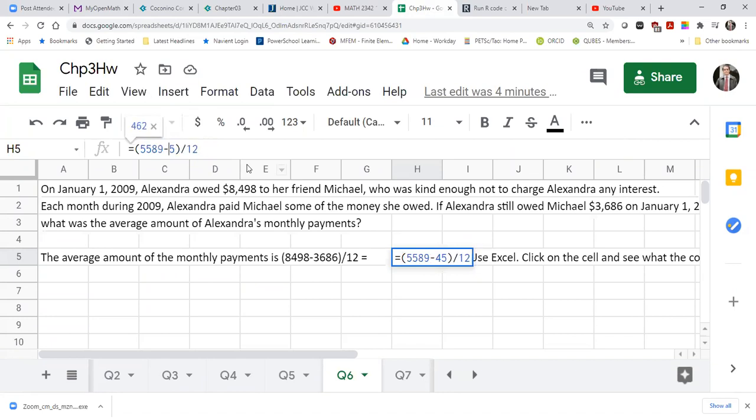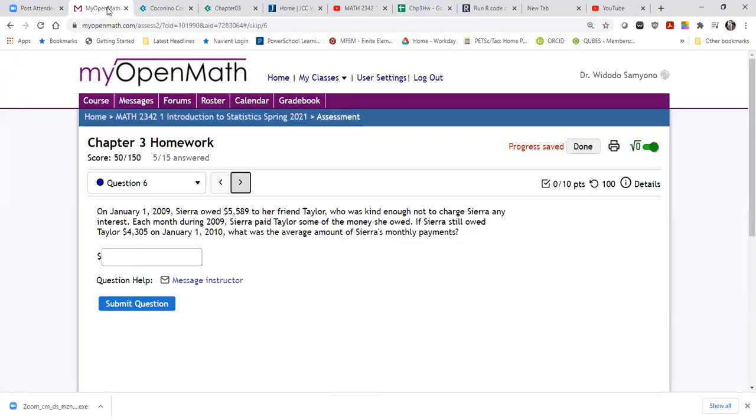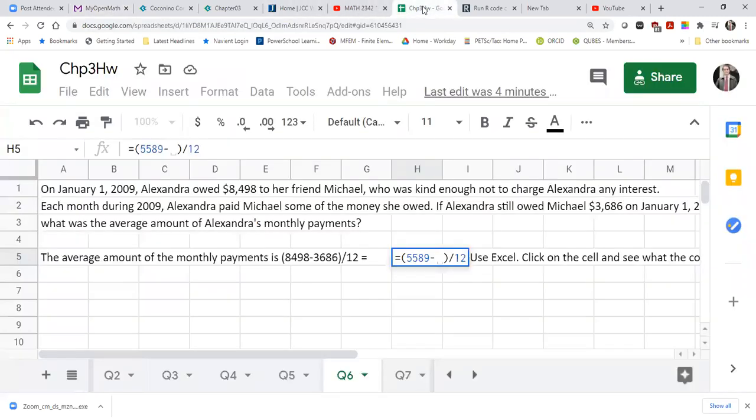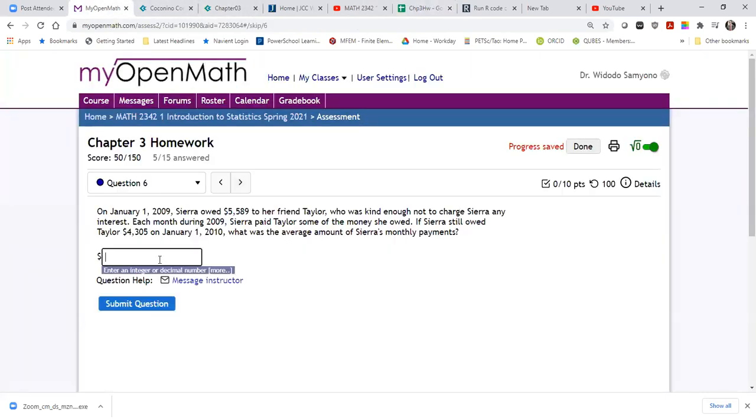Subtract 4305, and divided by 12, you get 107. Okay, 107.